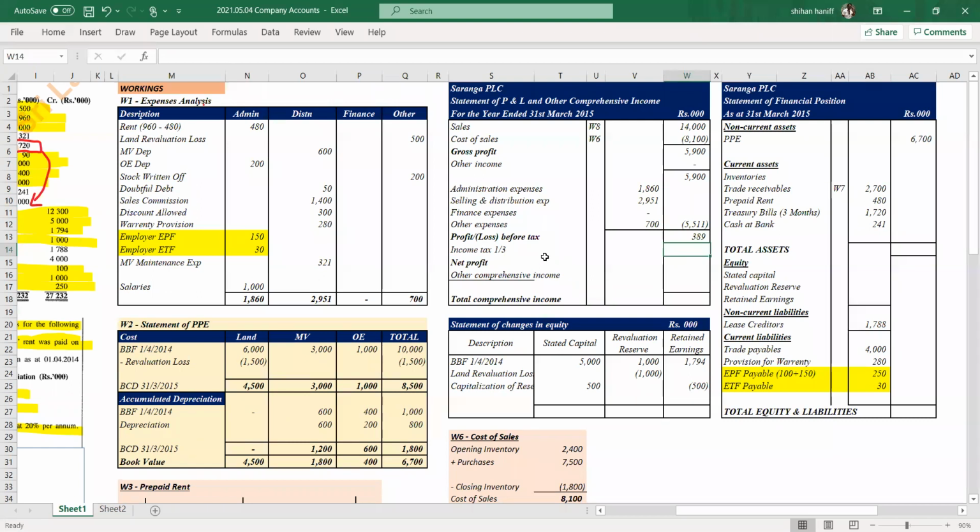One third of the profit before tax is income tax. Now the profit is 389 into one third, divided by 3. 130 is the income tax.